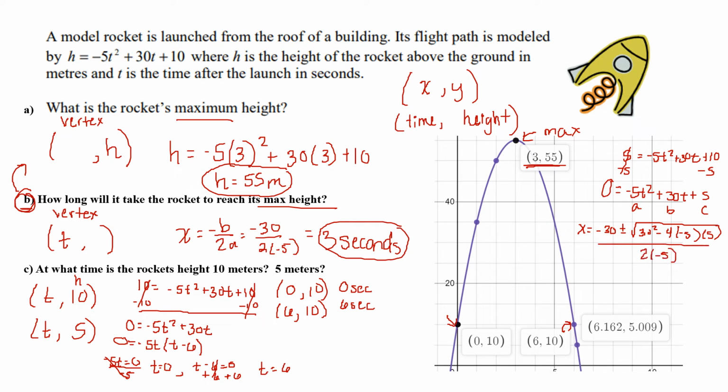So if I do this, I get negative 30 plus or minus the square root of 900 plus, what is that, 25, 100, all over negative 10. So 900 and 100 is 1,000. So the square root of 1,000. So I have negative 30 plus or minus the square root of 1,000 over negative 10.